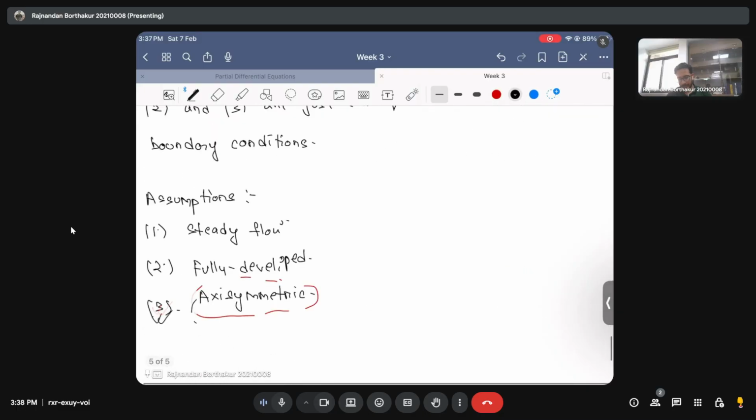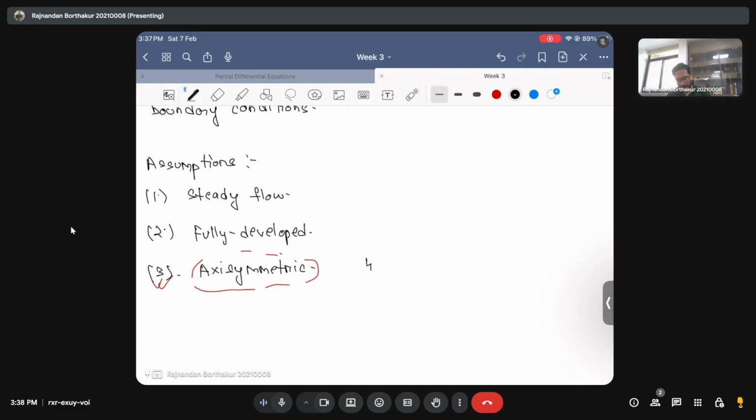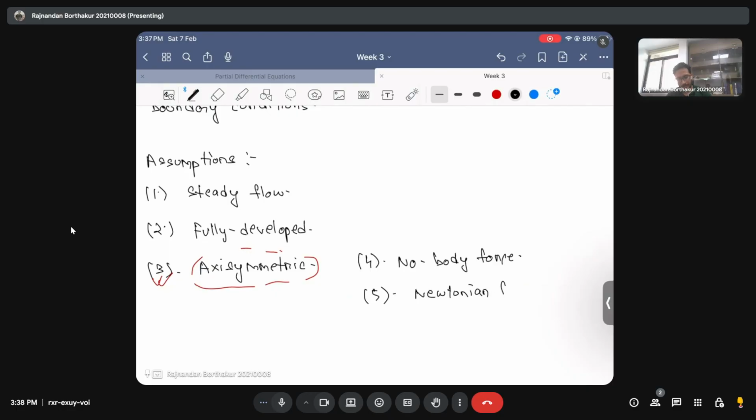All right, and the other assumptions are trivial. For instance, we will consider no body force present, and we'll also consider the fact that the fluid is Newtonian, meaning that we'll just use the Navier-Stokes equation to get the velocity profile.